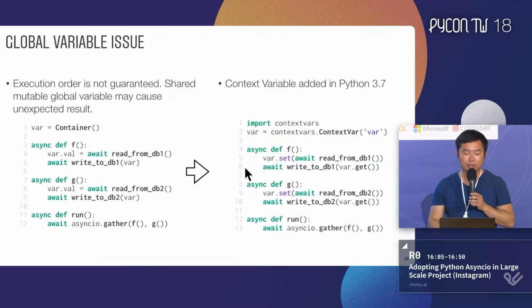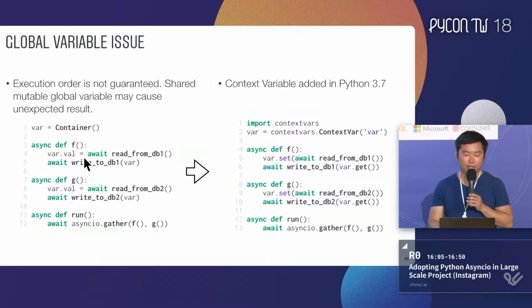And another common issue is the global variable issue. The issue is that the execution order of your async functions is not guaranteed. It depends on the I/O networking situation. If one of the I/Os returns faster, then it will continue running.